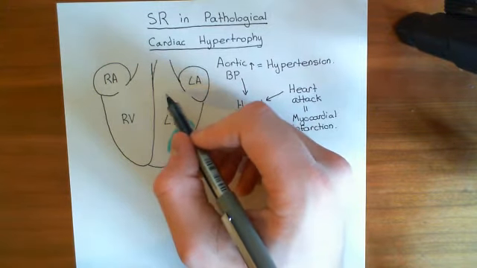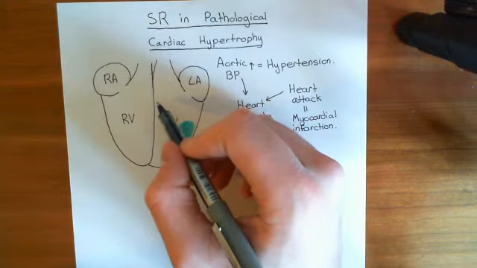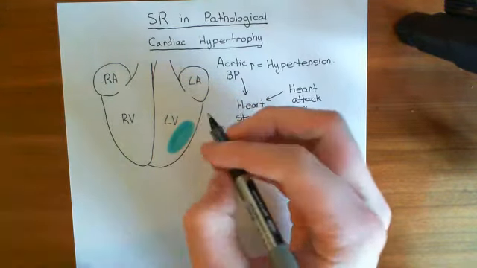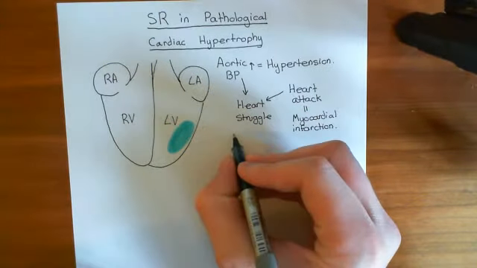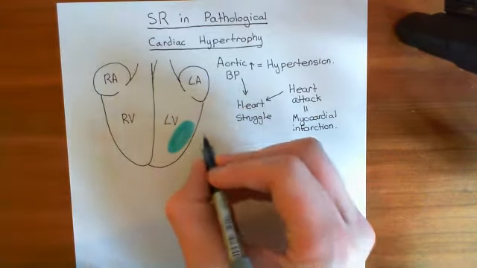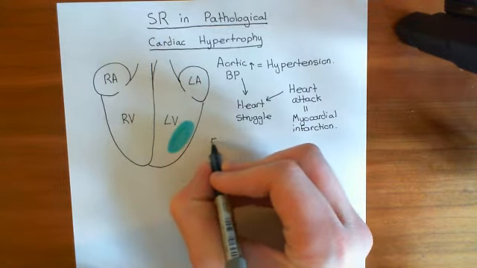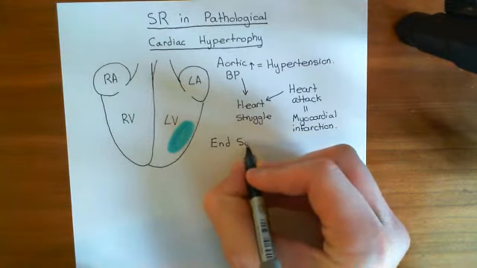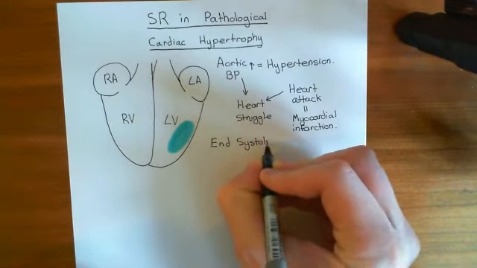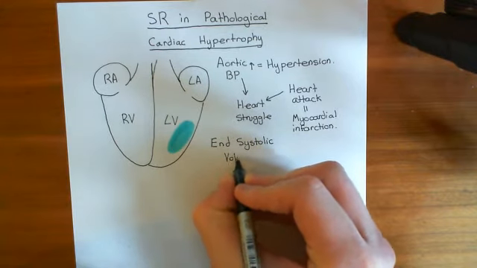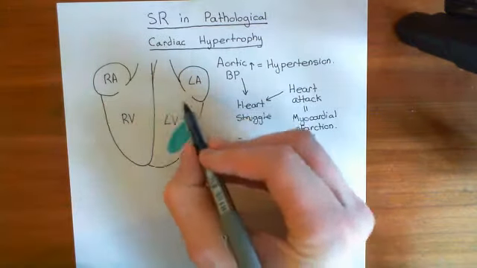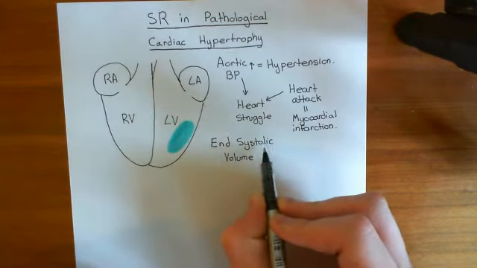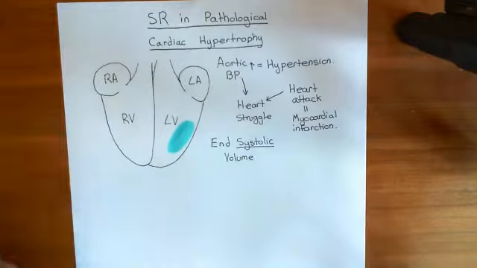And if stroke volume goes down, then the amount of blood that is left over in the left ventricle after it has contracted will go up. Now, there's a fancy name for the amount of blood that is left in the left ventricle after it has contracted, and this is known as the end systolic volume. Okay, so this is the amount of blood that is left within the left ventricle at the end of systole, which is the fancy word for contraction.